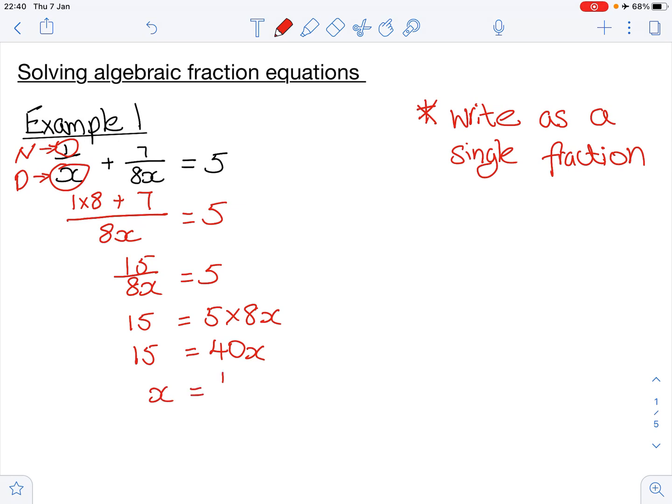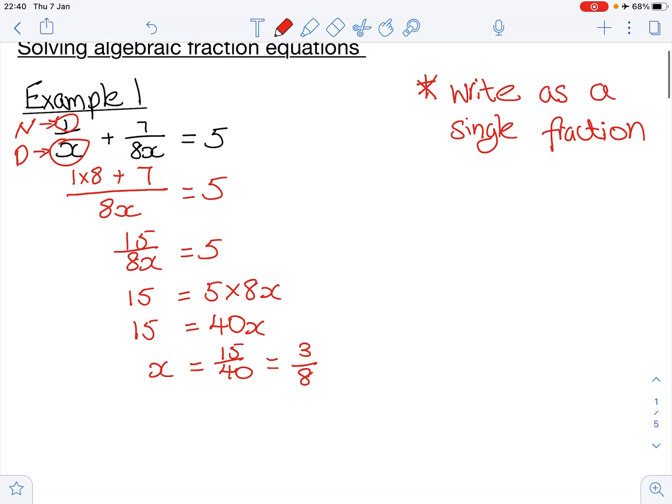Therefore, x equals 15 divided by 40, and we can simplify this to 3 over 8, because 15 divided by 5 is 3, and 40 divided by 5 is 8.